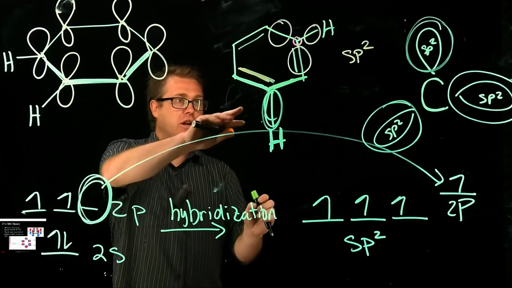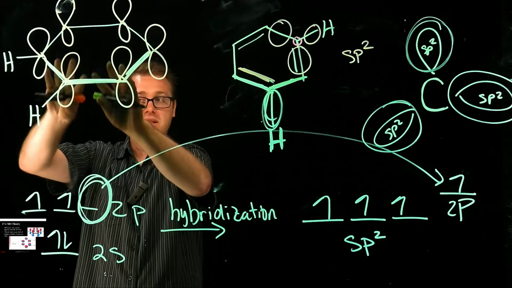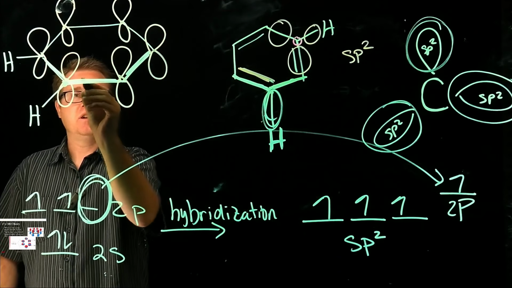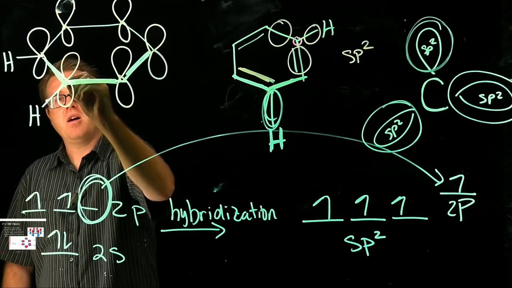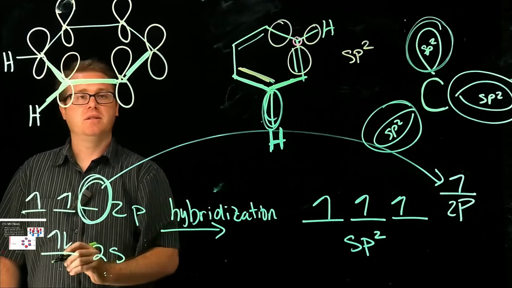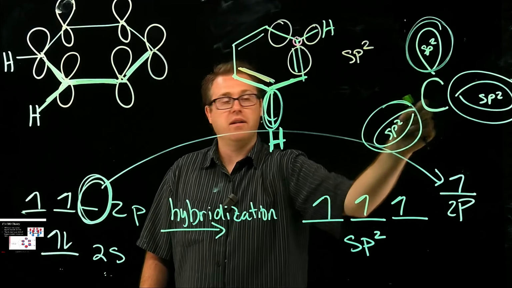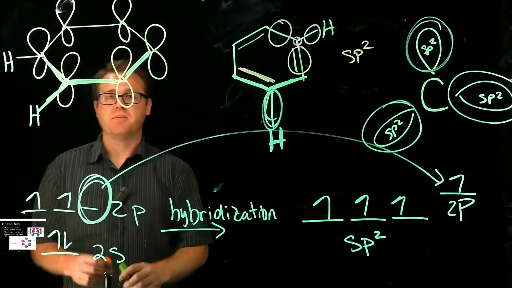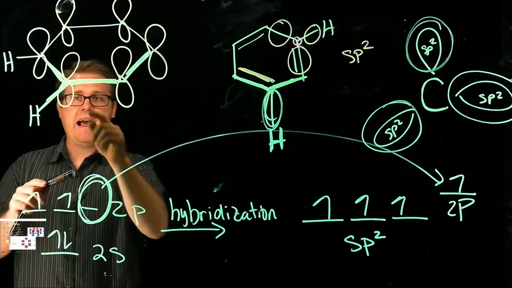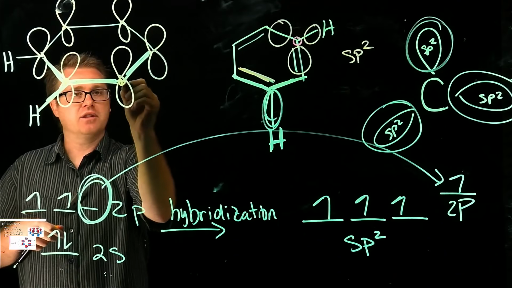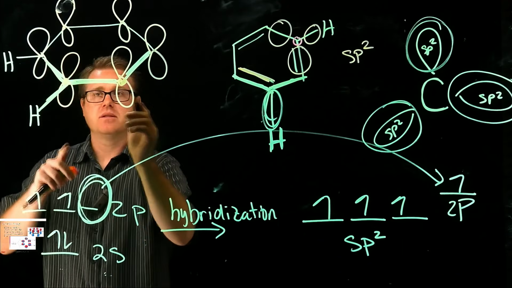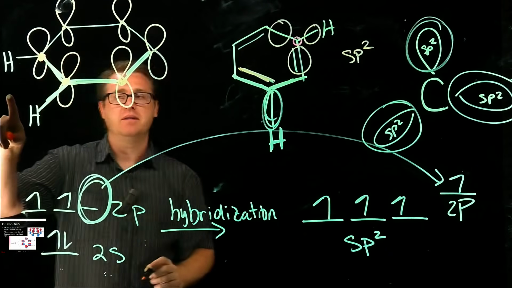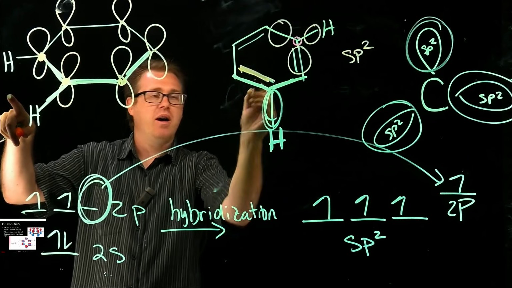If we take a look at a benzene ring in this structure, let's focus our attention on this carbon. This bond and that bond are these three right there, and then in orange, there's our p orbital. When we're looking at this carbon and this carbon forming this pi bond, how is that pi bond being formed?